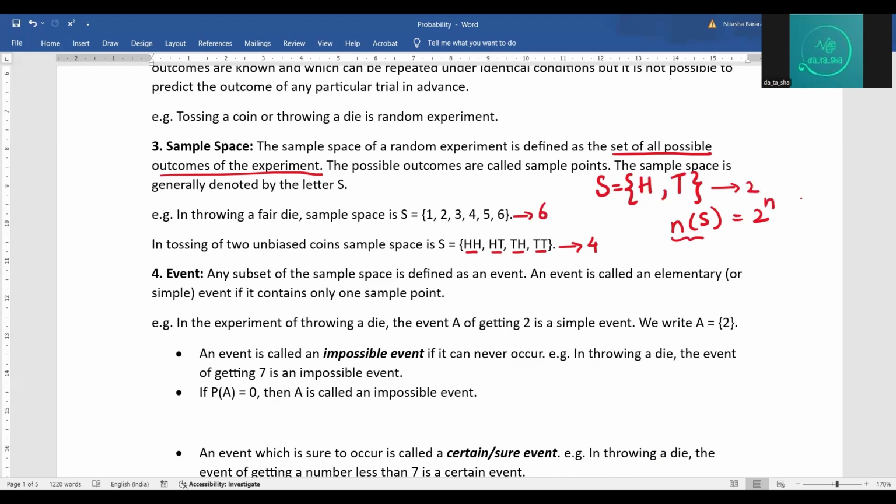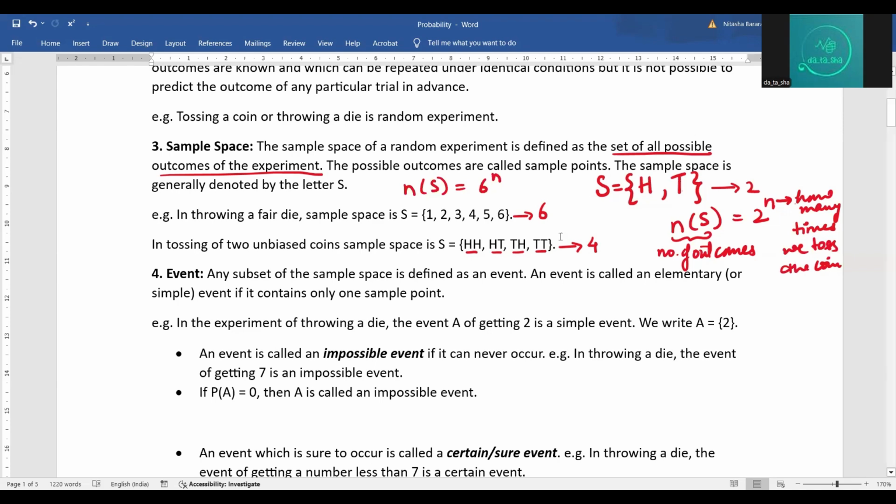Here this denotes the number of outcomes, and this n denotes how many times we toss the coin. If you are tossing it once, you will get two outcomes. Tossing it twice, you will get 4. Tossing it 3 times, you'll get 8, and so on. Similarly, when it is a die, the number of outcomes would be 6 raised to the power n. If you are throwing a single die, you will get 6 outcomes. If you throw a pair of dice, then you will get 6 squared, that is 36 outcomes. This is how you can find out the number of elements of the sample space.